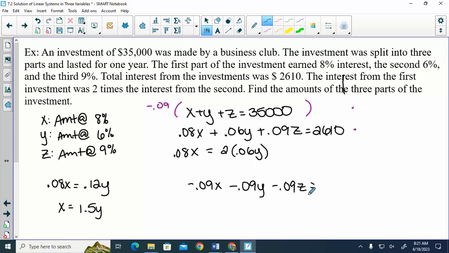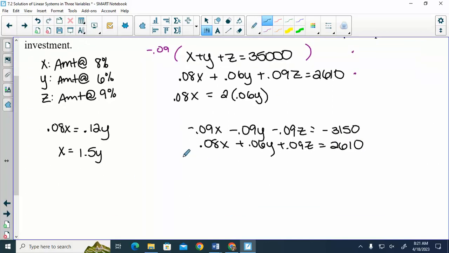So 35,000 times what? Okay, then we have 0.08x. Okay.